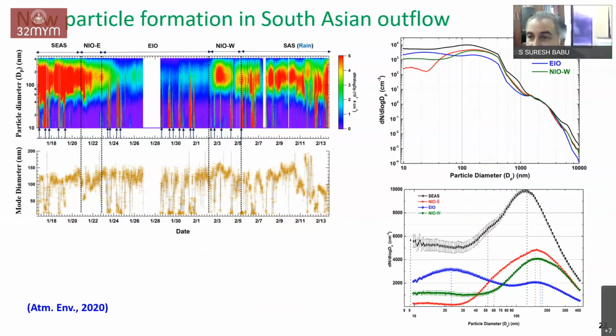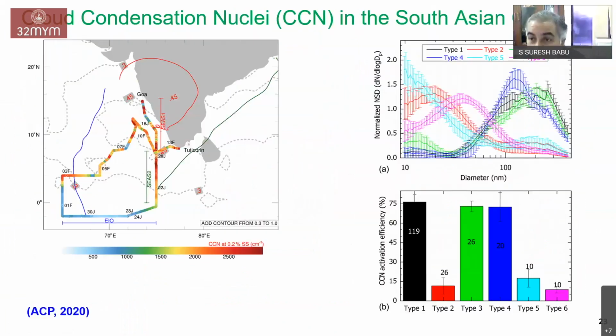The importance of that is that simultaneously we had cloud condensation nuclei measurements, meaning aerosols which act as cloud condensation nuclei. As mentioned before, if there are no aerosols in the atmosphere, there won't be any clouds. Here we could see that whenever there is a new particle formation event, the cloud condensation nucleation efficiency reduces. So this shows that our marine aerosol system is quite complex.